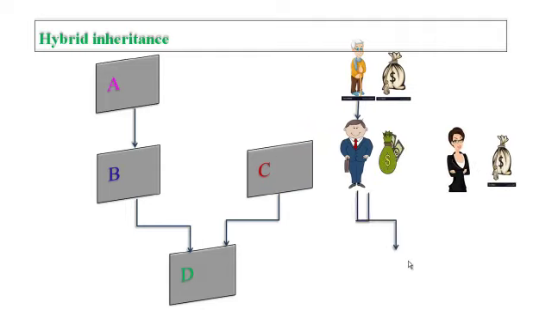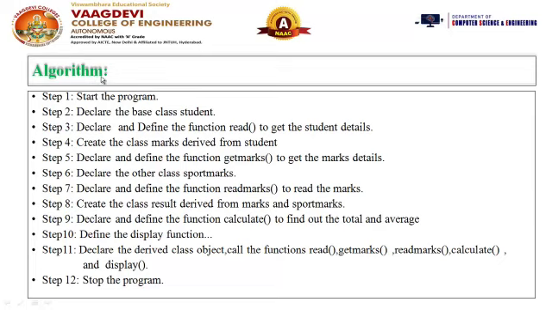Algorithm for hybrid inheritance. In this algorithm, we will be discussing several steps which are involved in executing a program on hybrid inheritance. The first two steps are to create a class and declare variables.